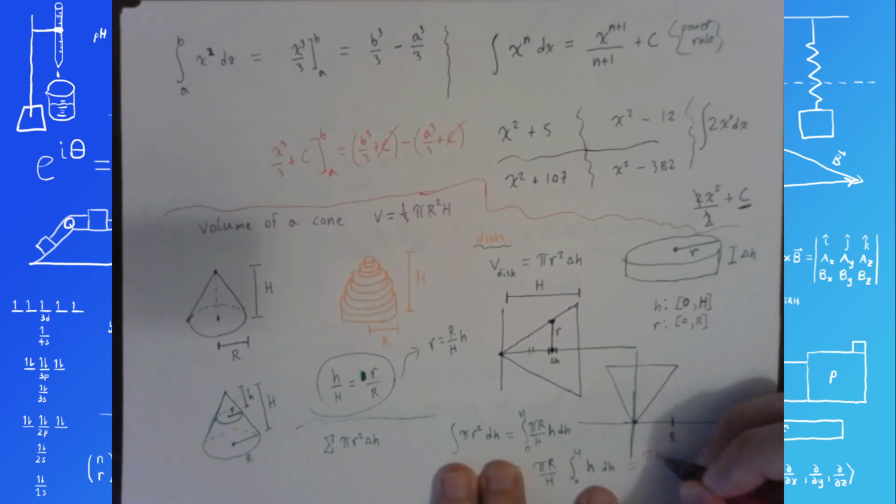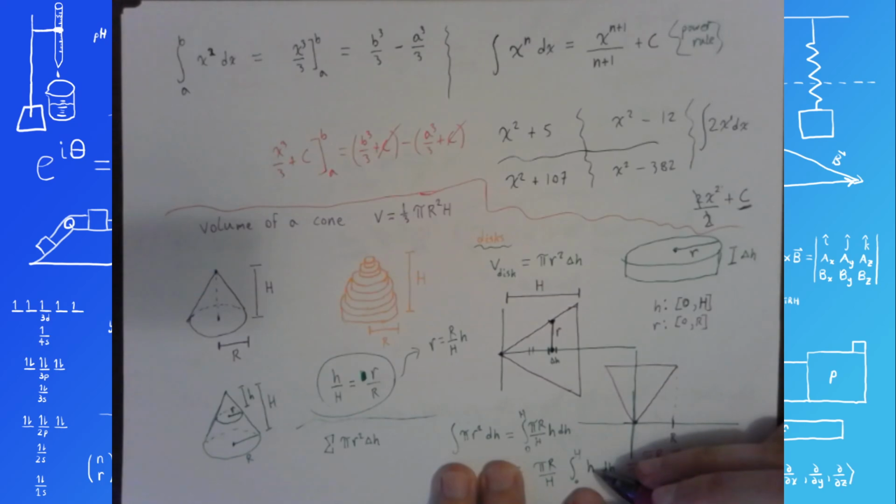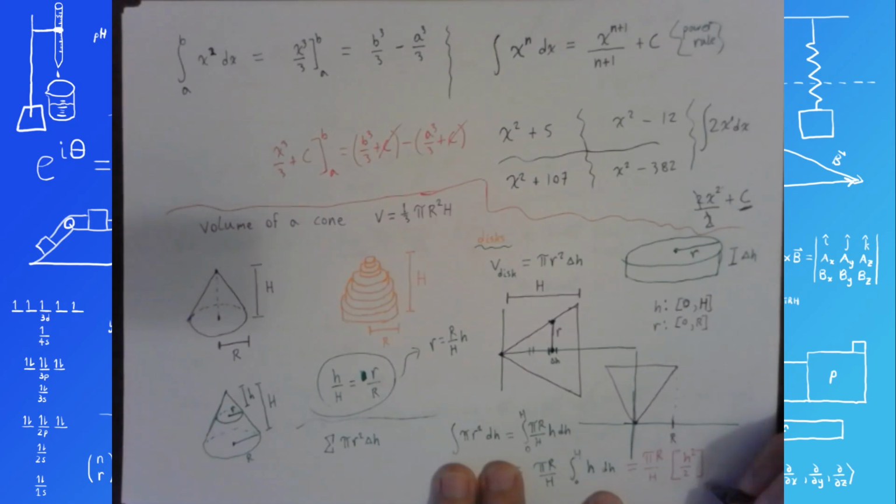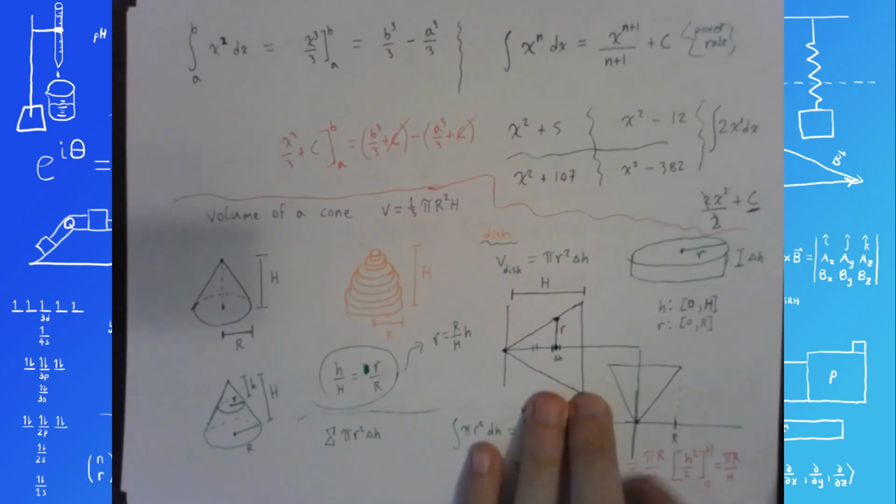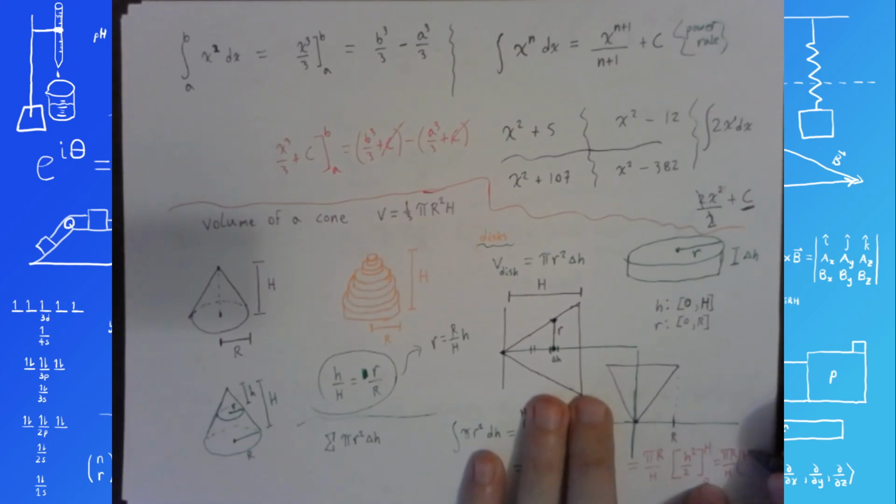I'm left with pi big R over H times h becomes h squared over 2, evaluated from 0 to big H, equals pi big R over big H times big H squared over 2.